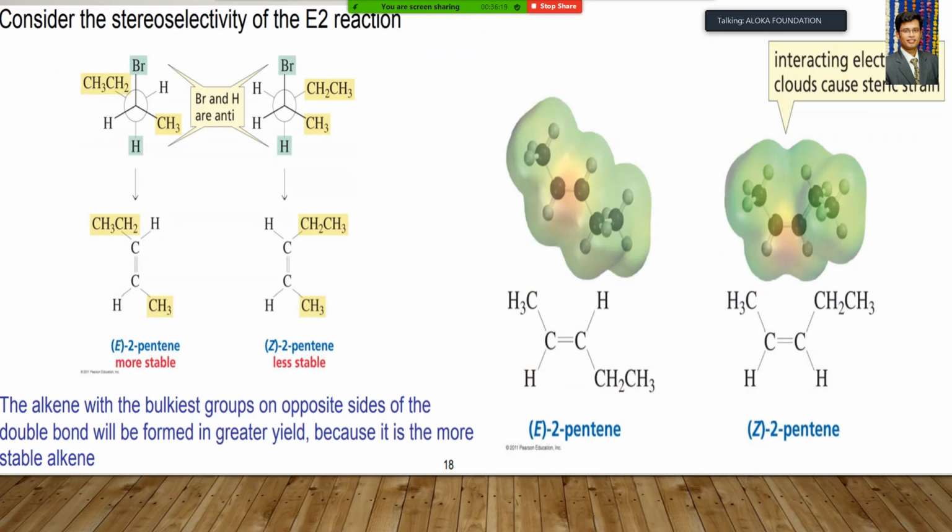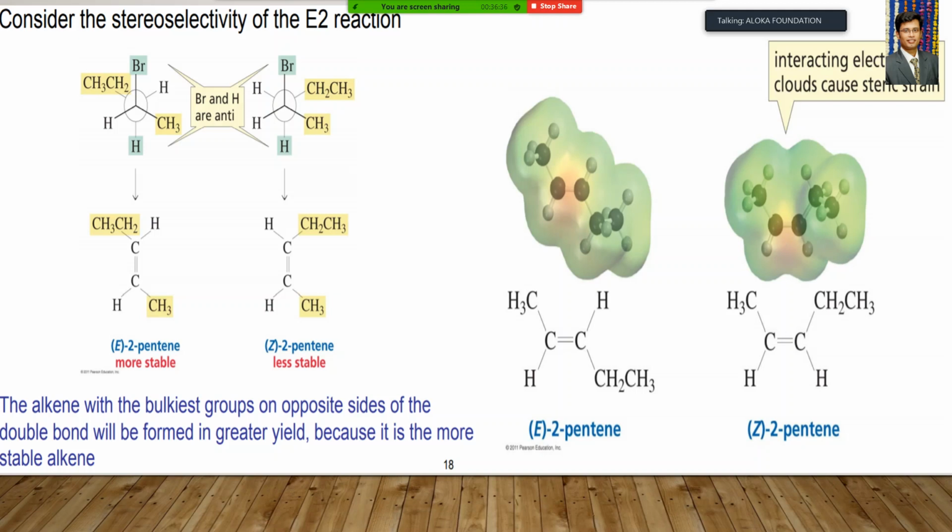Now the next thing is the stereoselectivity of your E2 reaction. What do you mean by stereoselectivity? Which product will be majorly formed? Similar to E1, the groups which are of bulky nature should be on the opposite side.